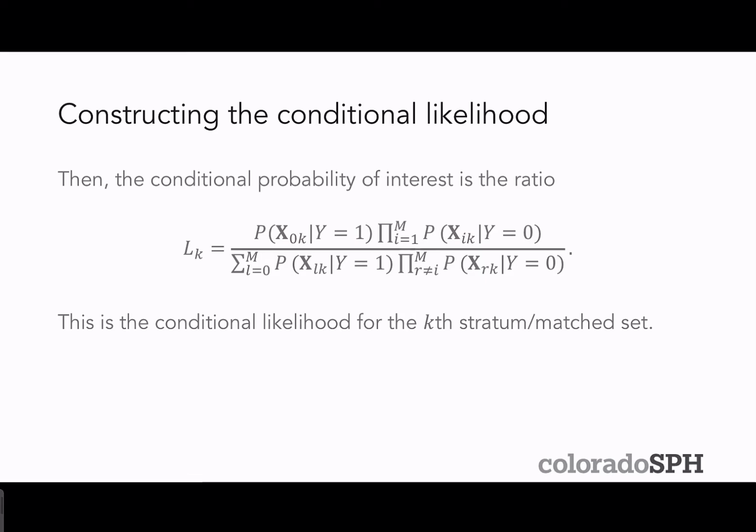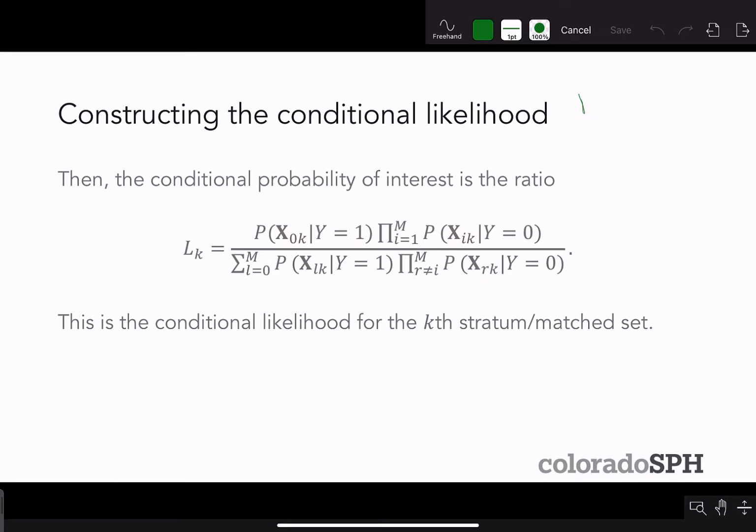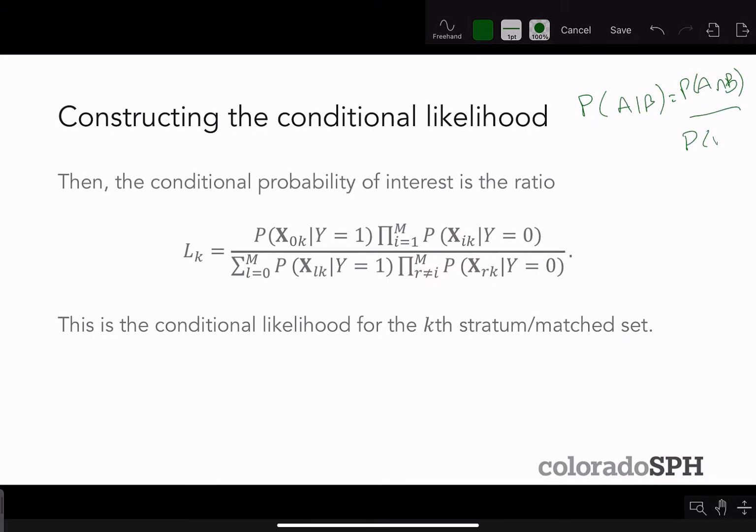Then we can use the law of conditional probability from the previous lecture to calculate our conditional probability of interest, which is just a ratio of those that were calculated in those two previous slides. And this is the conditional likelihood for the kth stratum or matched set.